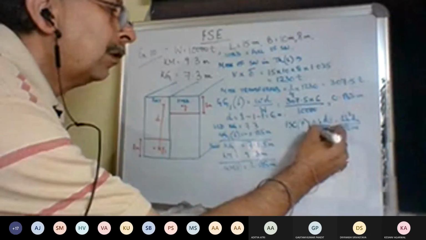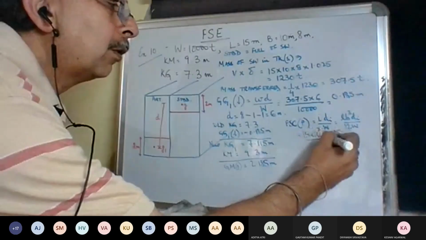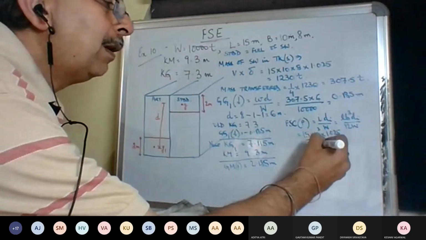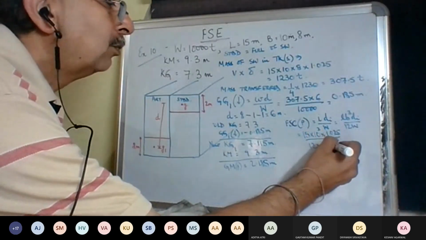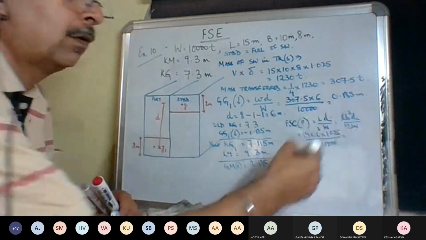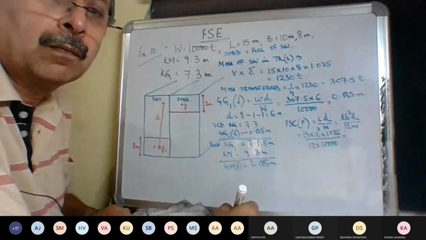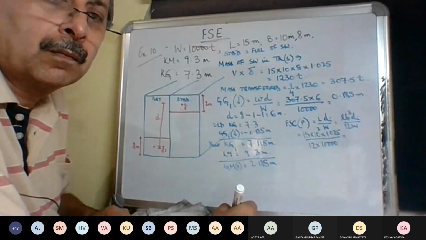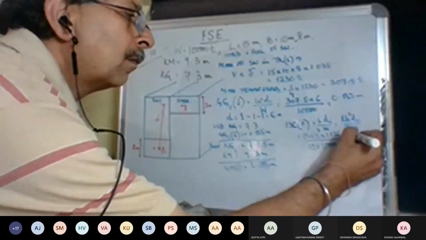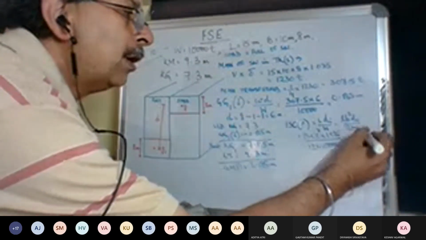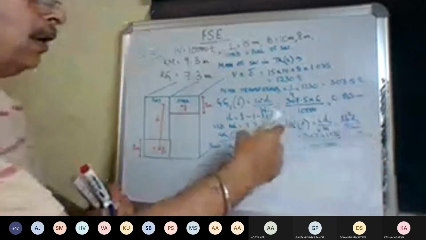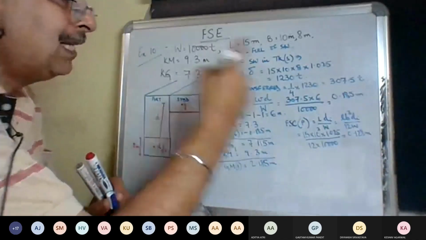10 cubed into density 1.025, divided by 12 into 10,000. Sir, 0.128 meters. So FSC for starboard will be the same.